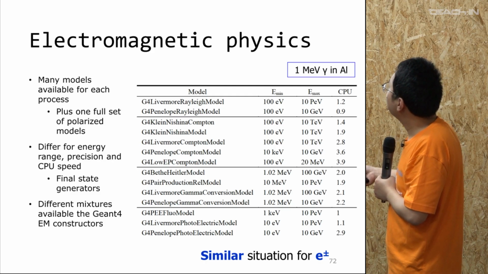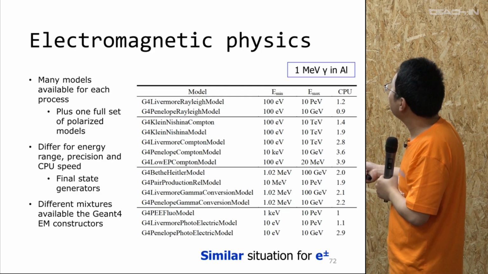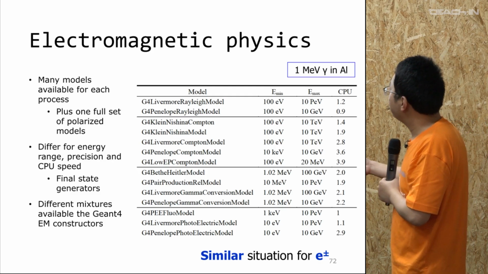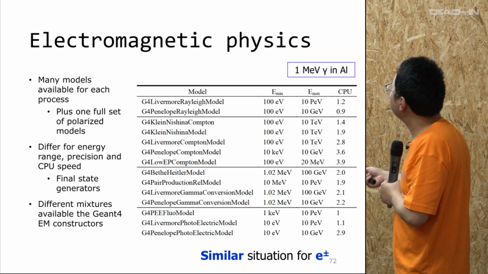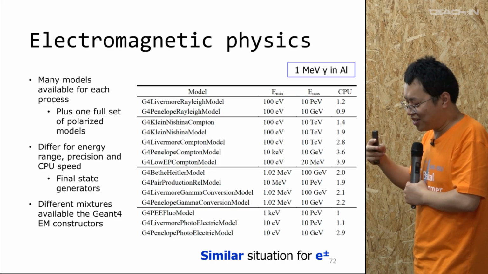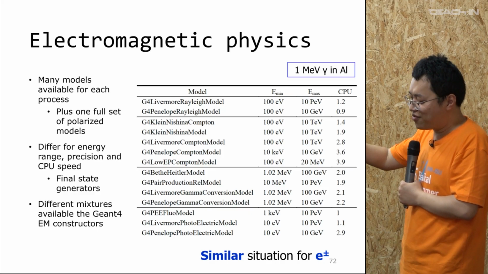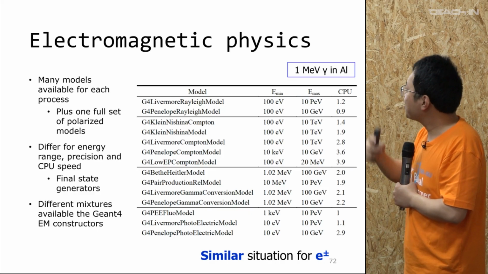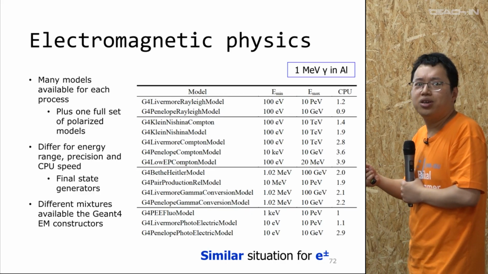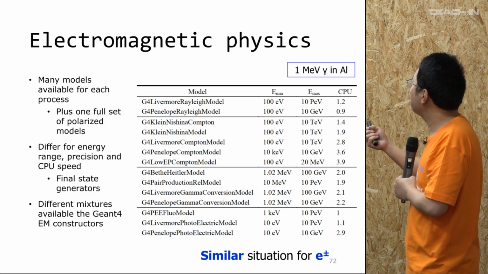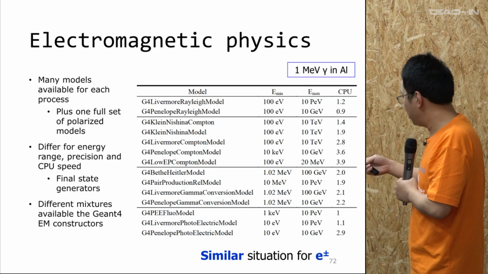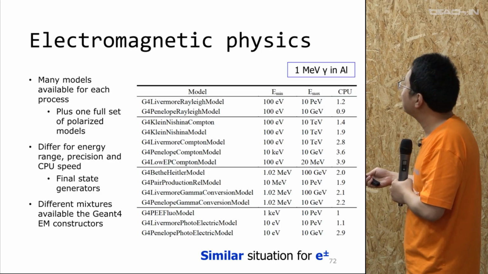And for maybe higher energy, you can have different models here. I think you can actually do the balance. If you want to do a very precise simulation, and the energy is actually low, you can adopt this low energy model. Otherwise, you can choose some standard model.